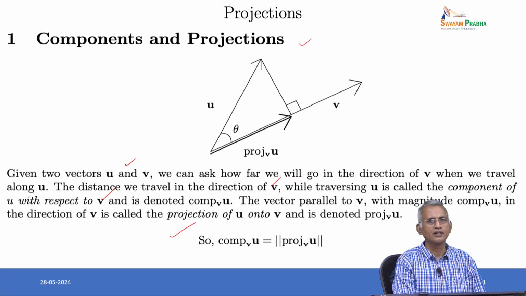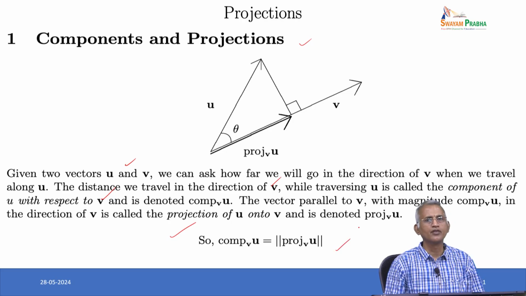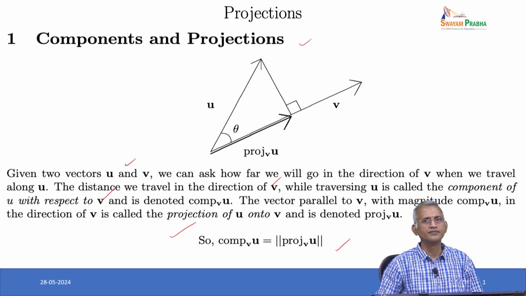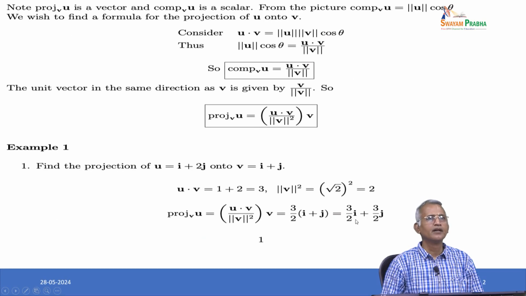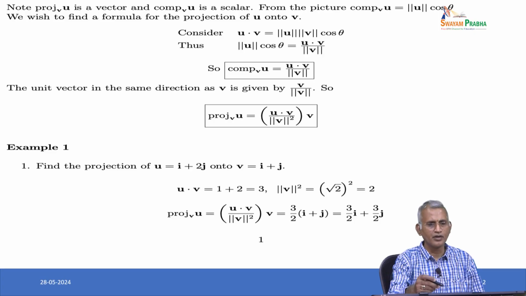So, we can denote this as: component of u over v equals the norm of the projection of u over v. This is the definition. Note that the projection of u over v is a vector and the component of u is a scalar.